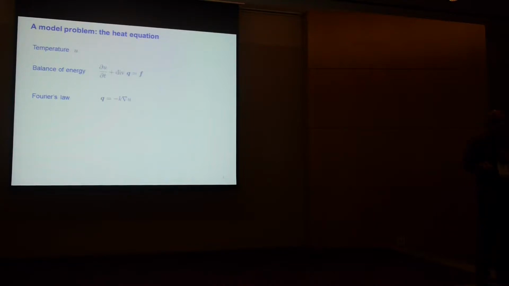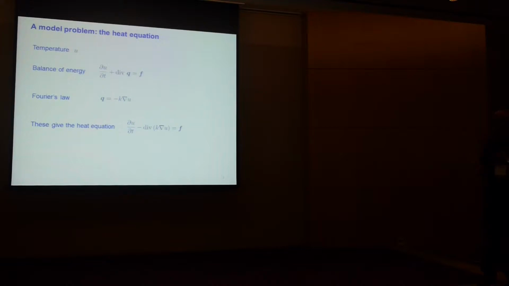Then we need something that tells us how a particular material is going to conduct heat, a constitutive equation or relation, in this case Fourier's law, which relates the heat flux to the temperature gradient, with a constant there, the thermal conductivity. Well, we put these together, substitute q in here, and we obtain the well-known heat equation.